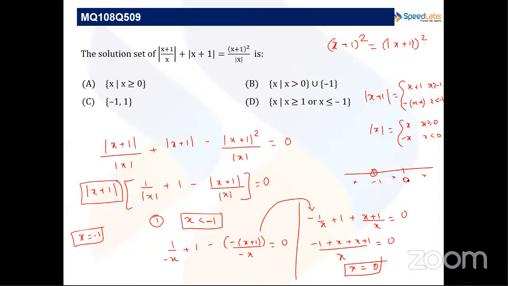Now, let's go to the second region, where x belongs from minus 1 to 0. When x belongs from minus 1 to 0, mod of x plus 1 will be positive, but mod x will be negative. So we will have minus 1 by x plus 1 minus x plus 1 upon minus x.